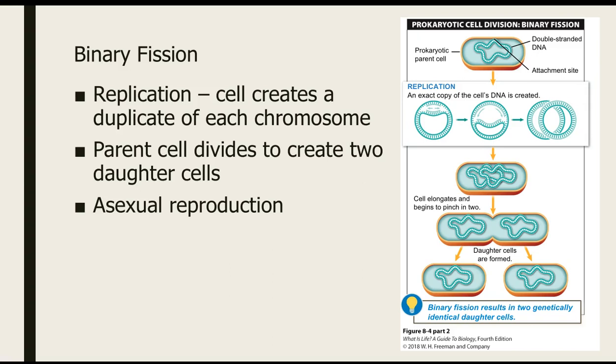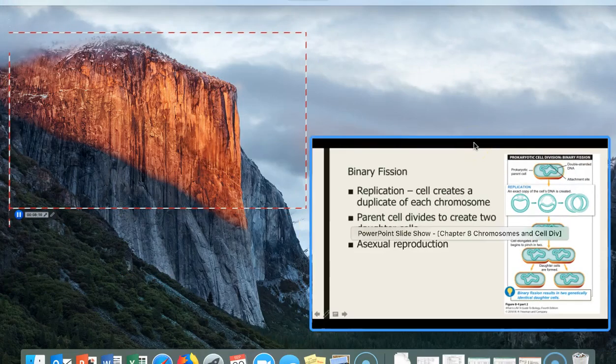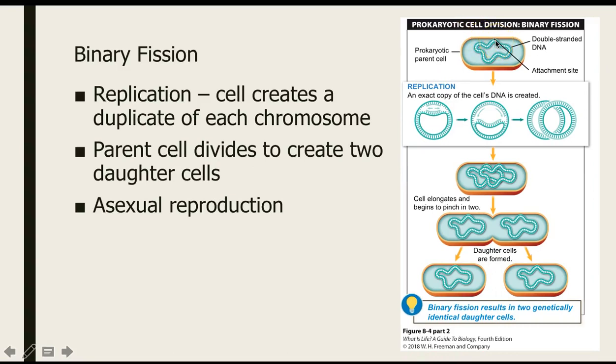I just showed you before that the DNA of the prokaryote is attached to the plasma membrane at this location that your book calls the attachment site. And that's important, because as the DNA is attached to this attachment site, it starts to go through the process of DNA replication. For now, we're just going to do really basic: the DNA unzips, and DNA polymerase is doing that unzipping.